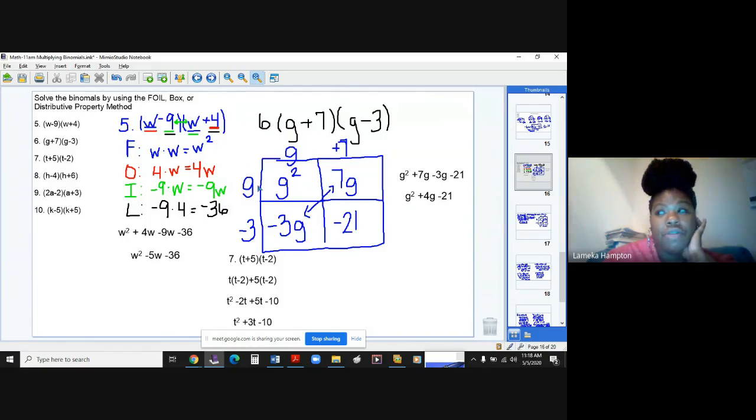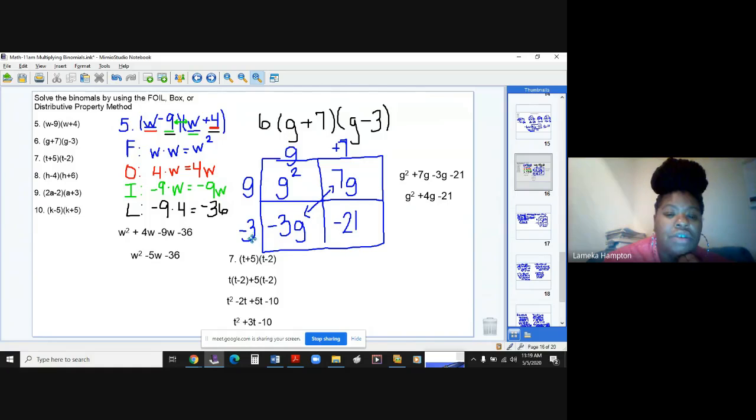And I just simply multiplied. So I said G times G gives me G squared. And then I said G times 7 gives me 7G. Remember, you want to put your number or your coefficient in the front of your letter. You don't want to say G7, because I think that's a car. But nonetheless, you always want to make sure that you put your coefficient in front of the variable.